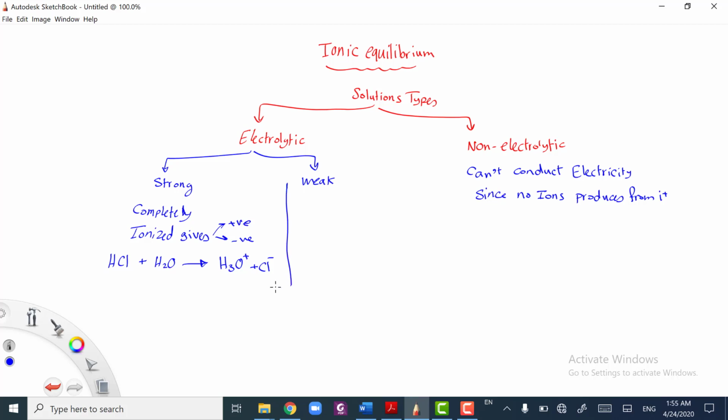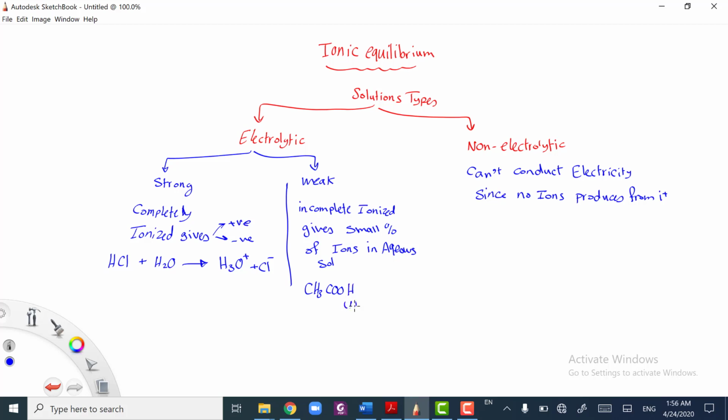When we talk about the weak, it's incompletely ionized. It gives a small percentage of ions in aqueous solution. Let's take an example, CH3COOH.